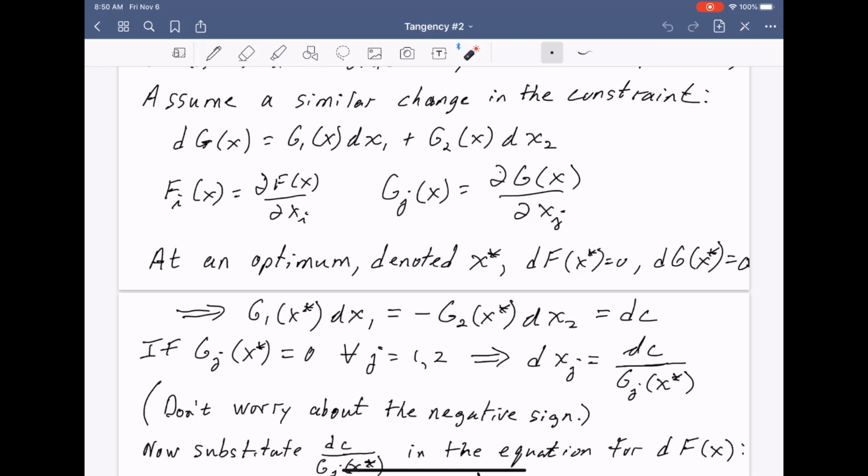So then we can write that the partial of the constraint function with respect to x1, when evaluated at the optimum, has to equal the negative of the partial of the constraint function at the optimum with respect to x2, and we set that equal to a common little change in the constraint right-hand side.